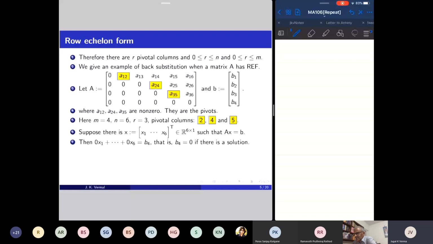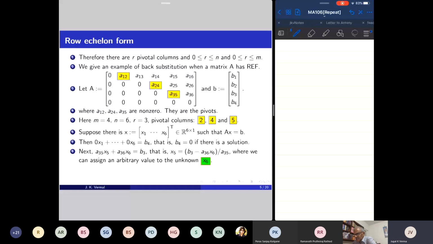In fact, there will be infinitely many solutions. Let us see how. Assuming that B4 is 0, we look at the equation corresponding to the third row: A35x5 plus A36x6 equal to B3. This equation can be solved by writing x5 as (B3 minus A36x6) over A35.